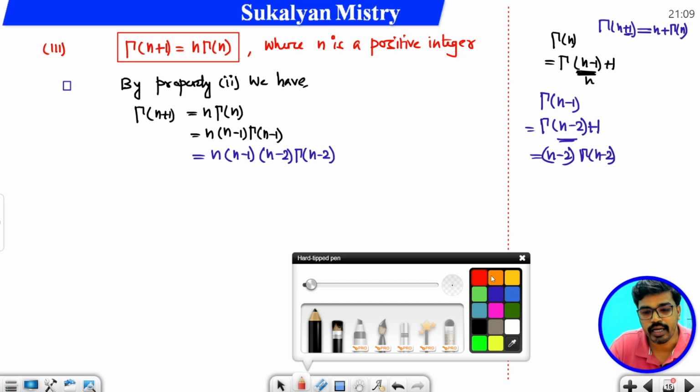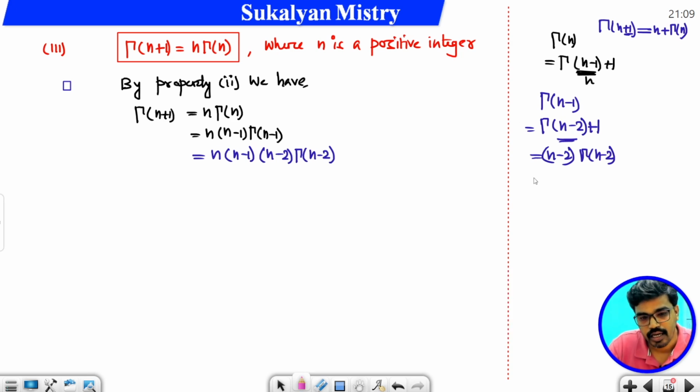Similarly gamma n minus 2 can be written as gamma n minus 3 plus 1, that is minus 2 plus 1, gamma n plus 1 is n gamma n.